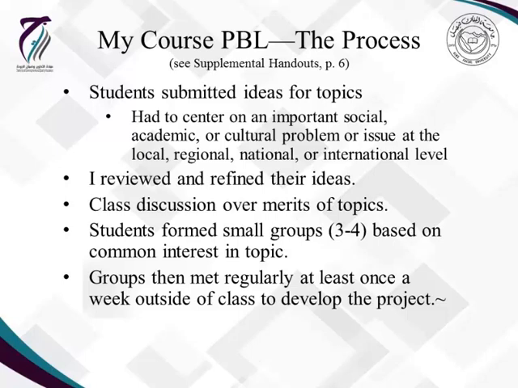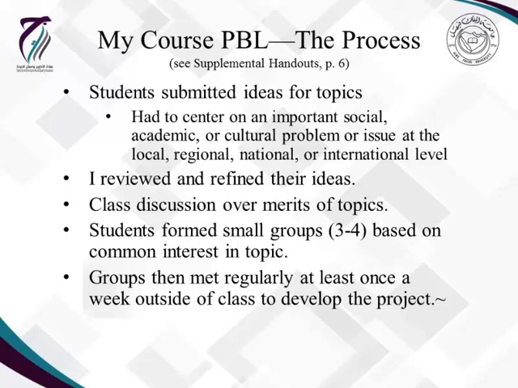So up here what I've done is I have outlined my process, and again, it's just one of many. What I've done here is students submit ideas to me. So for the first 10 days of class, they are just thinking about, what do I want to do for my project? How does it relate to an important global or regional or local problem?